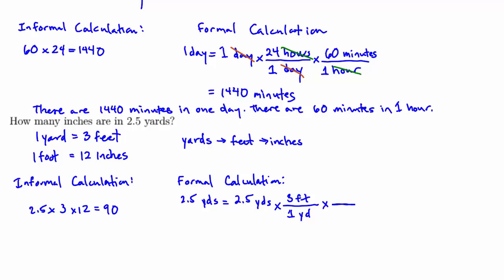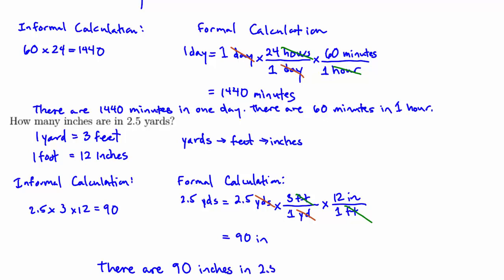After that, I can multiply by a unit fraction. I'm going to need feet in the denominator, so I'll have 1 foot in the denominator and 12 inches in the numerator. When I look at those units, yards will cancel out, as will feet, and I'll be left with inches. So when I multiply this across, 2.5 times 3 times 12 will give me 90, and I'll have 90 inches. So we know that there are 90 inches in 2.5 yards.